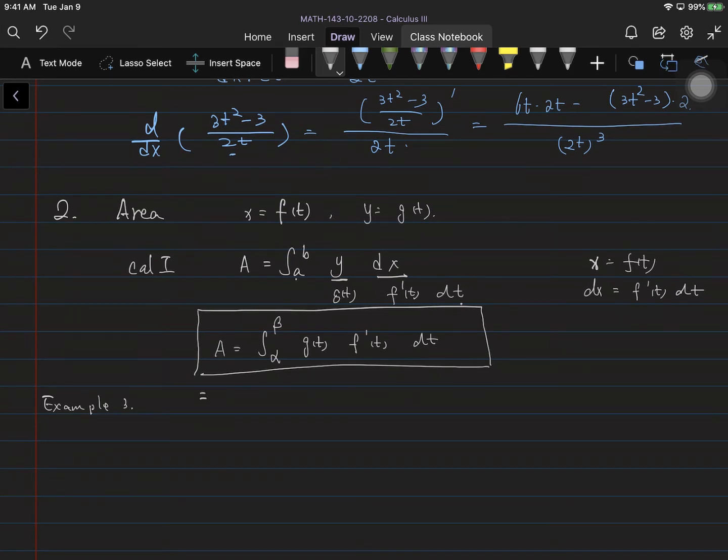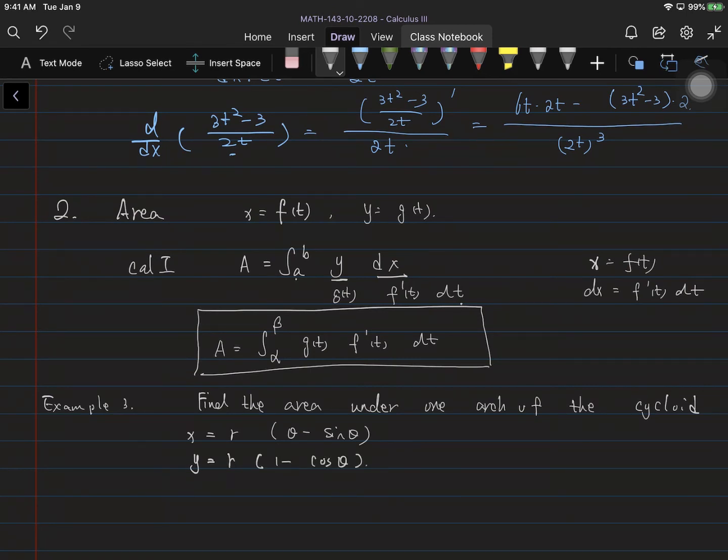Find the area under one arc of the cycloid, given by x equals r(theta minus sine theta), y equals r(1 minus cosine theta).